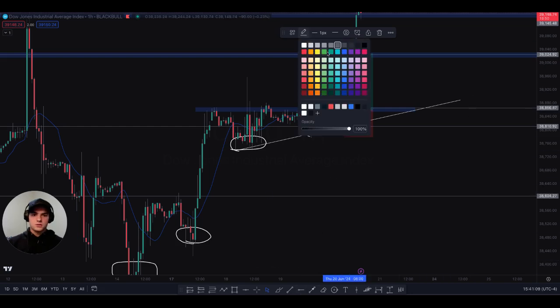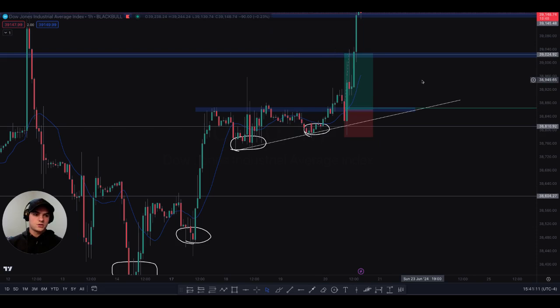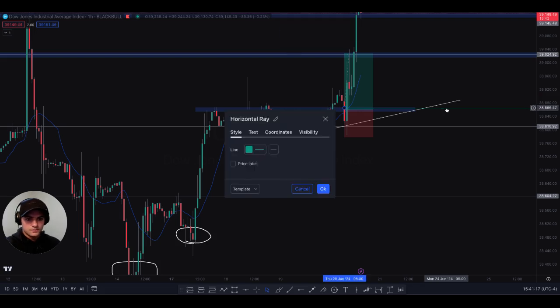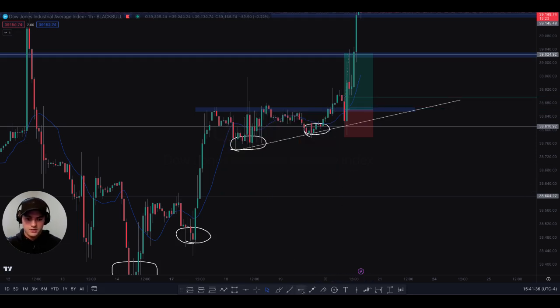This was actually, let me grab my positions. They're on my phone. So my first entry was around 38,899. So this one was a high position, 38,899. This was one of them.